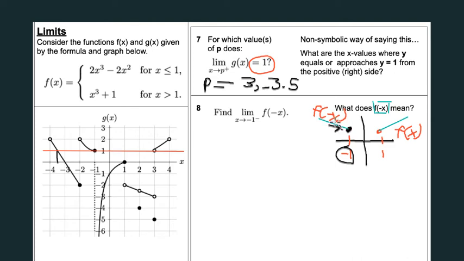Well, what's that equivalent to for f at x? Because these are mirror images, or horizontal reflections, that's the exact same limit as f at x approaching +1 from the positive side, from the right.